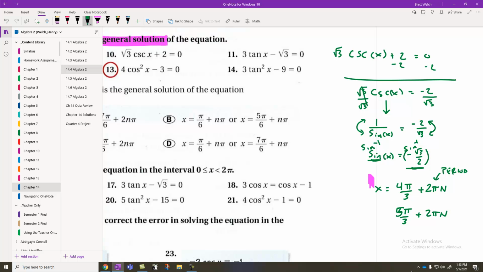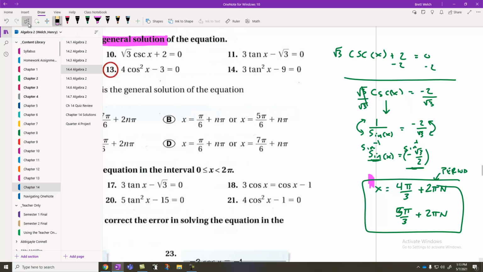If you did a tangent, like number 14, you would add pi n. You notice it right here, n pi or pi n. In these problems, because the tangent cycle is only pi over b, we would use pi times n instead of 2 pi. All right, so that's the first example of doing general form.